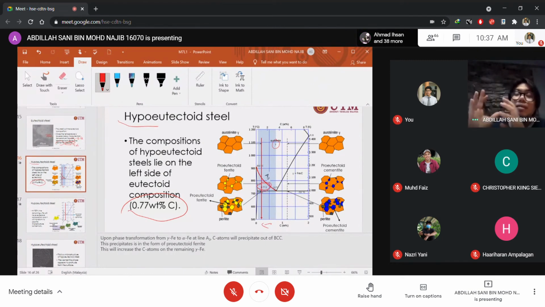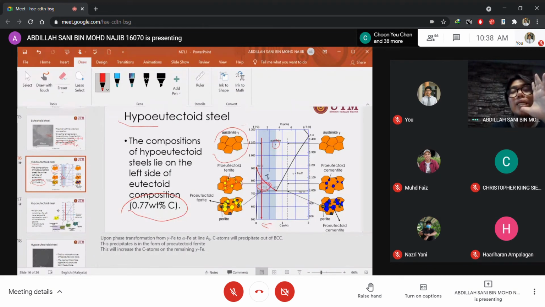We still have the gamma, but some of them already become alpha. This is how it looks like. We have this austenite, the orange, and at this phase, partially some of the austenite form ferrite. Ferrite is BCC.